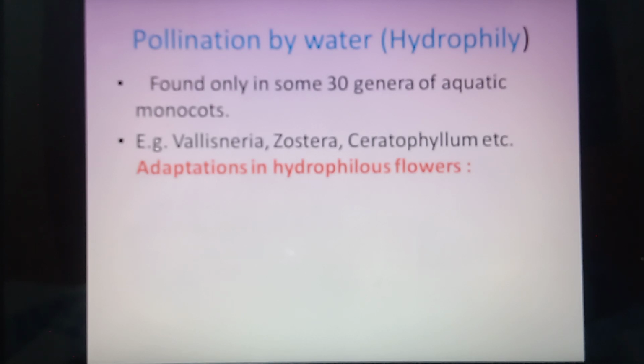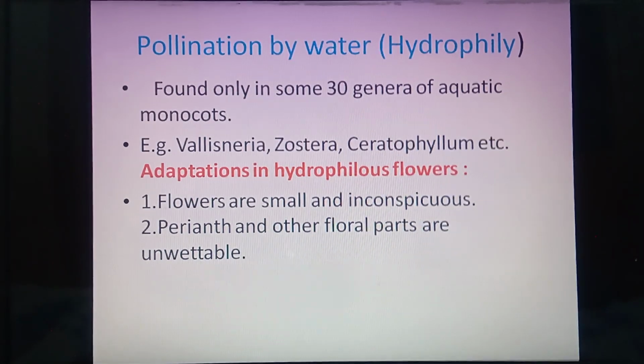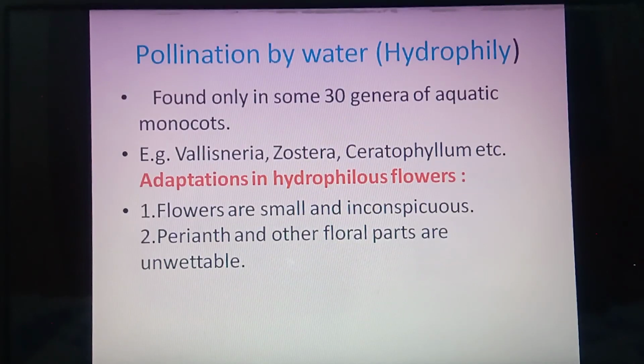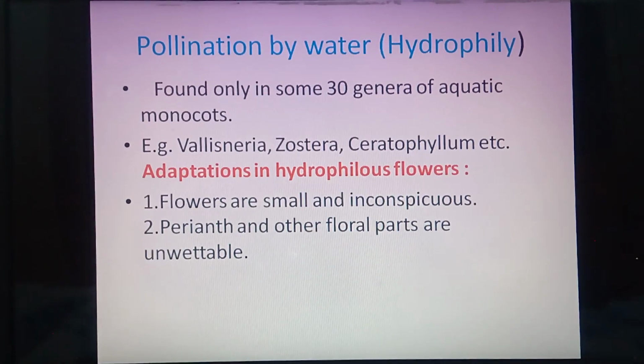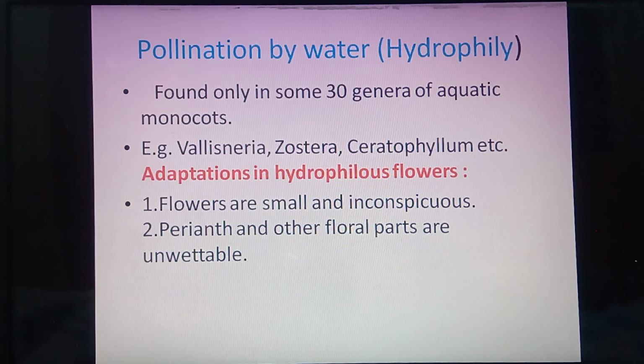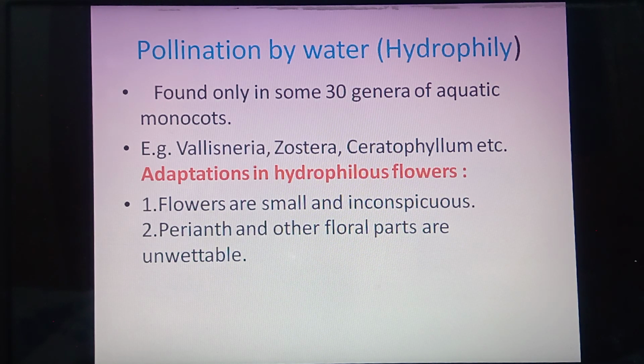So the flower shows certain modifications. Which are those? First, flowers are small and inconspicuous. Perianth and other floral parts are unwettable because the flower is present inside the water and the part of a flower should not get damaged as they come in contact with water for a prolonged time.